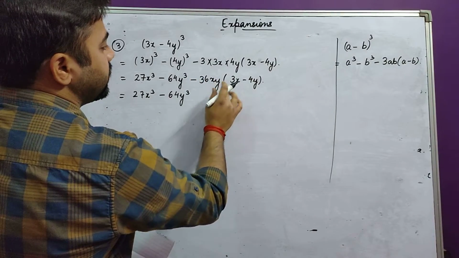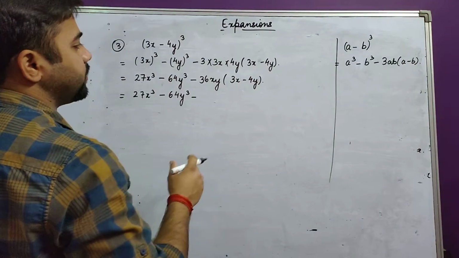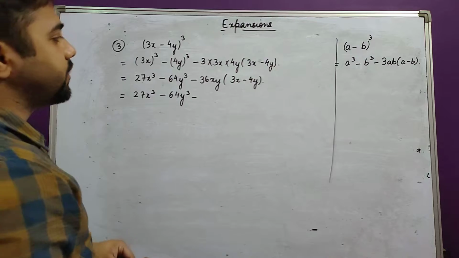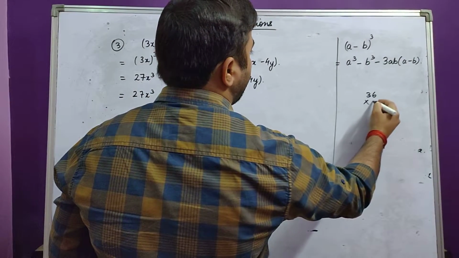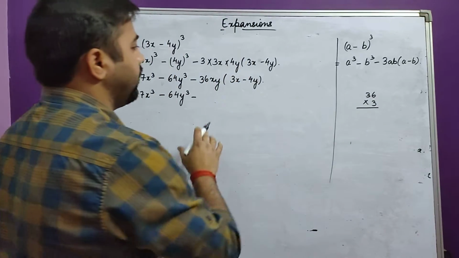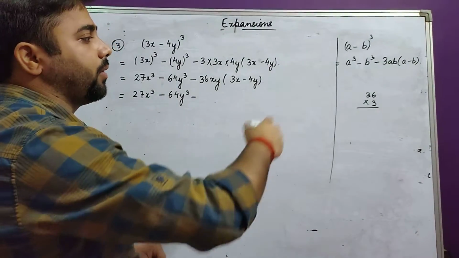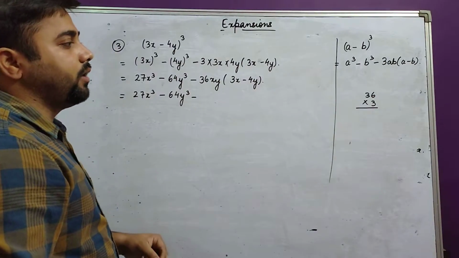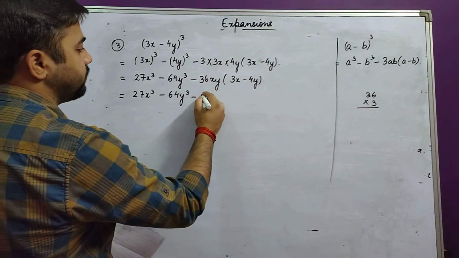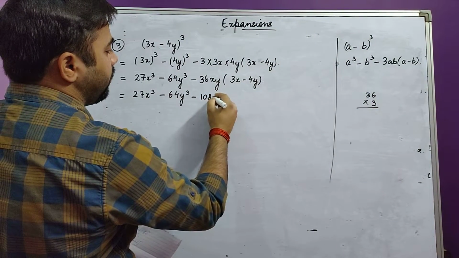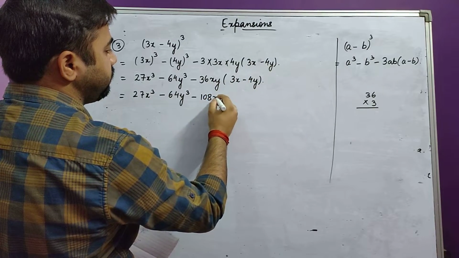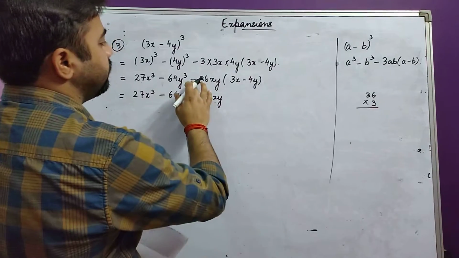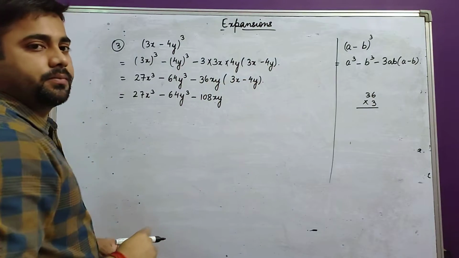Now minus plus is minus. What is 36 into 3? We're going to multiply 36 and 3. If you don't know how to multiply, do it in your mind and you're going to get 108. Now minus minus is plus.